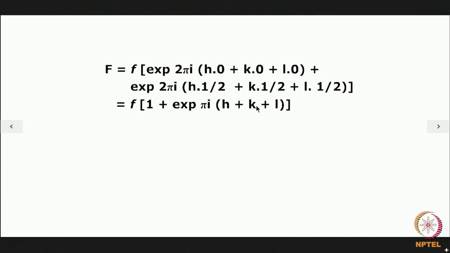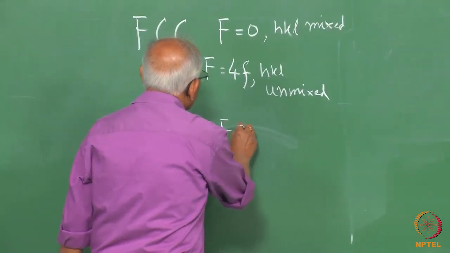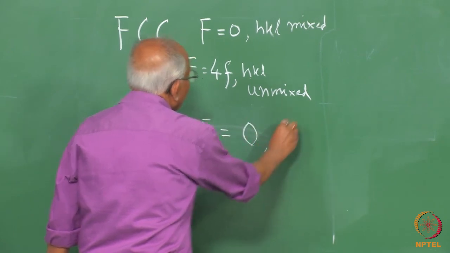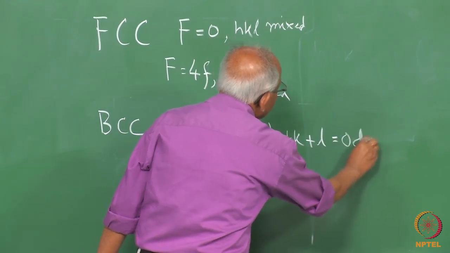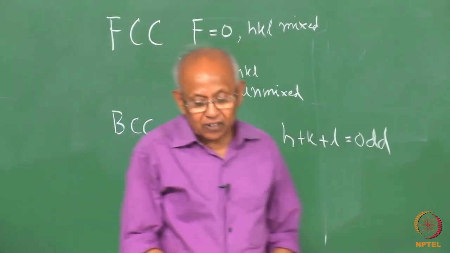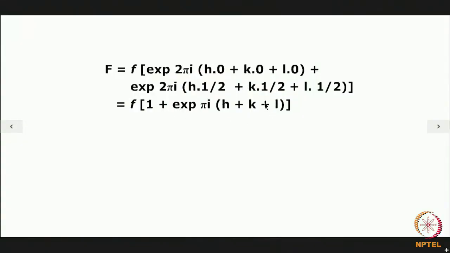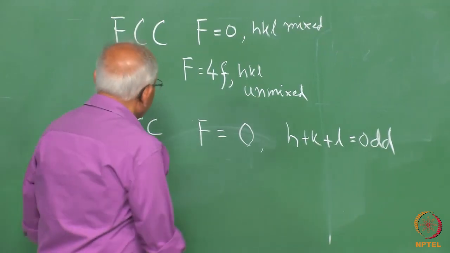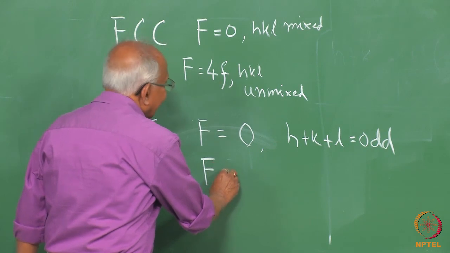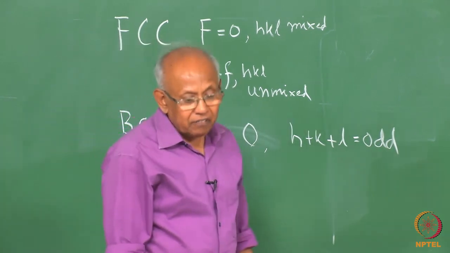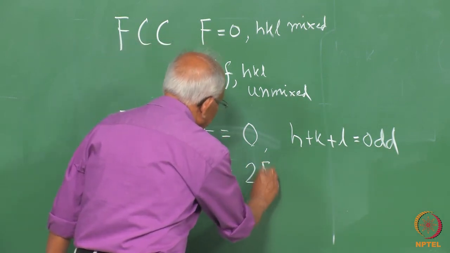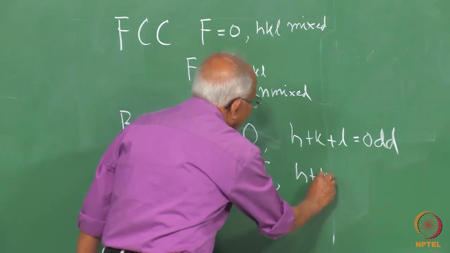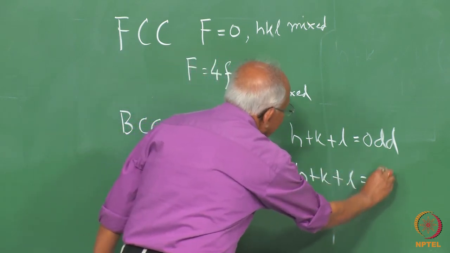So, F will be equal to 0 when h plus k plus l is an odd quantity. When it is odd, this expression has the value of minus 1, so capital F will be small f into (1 minus 1), which is equal to 0. Now, how much will F be when h plus k plus l is an even quantity? It will be 1 plus 1, so it will be 2f when h plus k plus l is an even quantity.